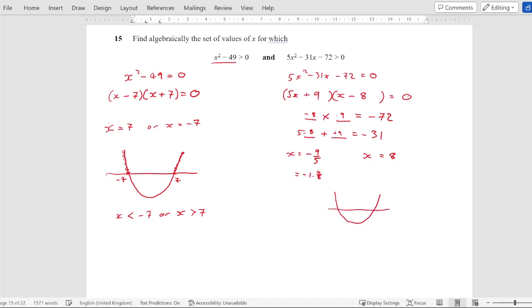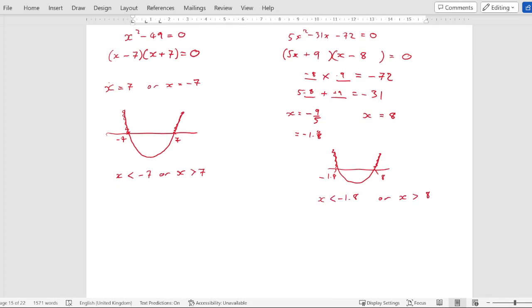It crosses at two points, minus 1.8 and 8. This time I'm after the area where the graph is greater than 0, which is again when x is less than minus 1.8, or when x is greater than 8.